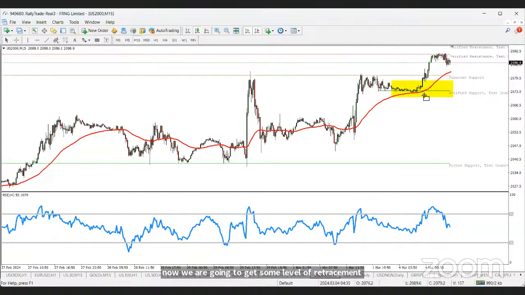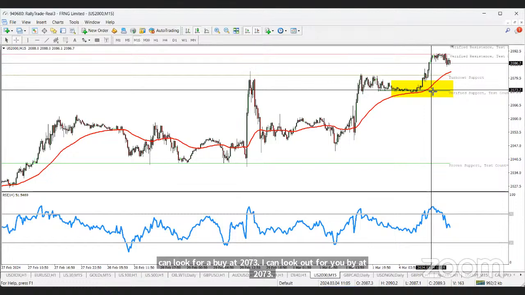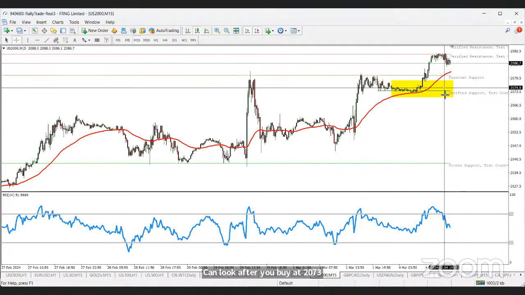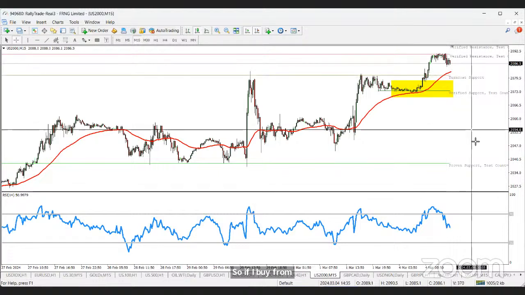So for US 2000, I can actually look out for a buy at 2073. So if I buy from 2073, I can buy till around 2078.